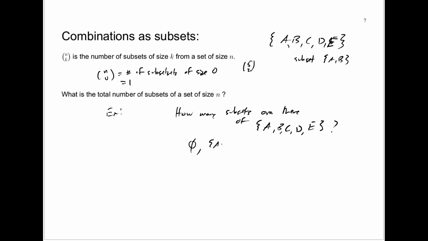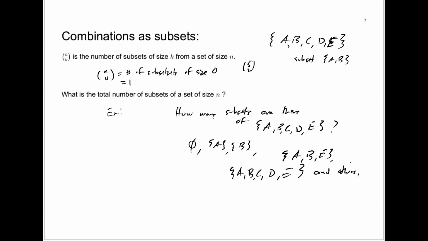The set A is a subset. That's a 1-element subset. The set B is a subset. Other examples, the set A, B, E is a subset. The entire thing, A, B, C, D, E, that's a subset. There are many different subsets of this 5-element set. What is the total number?